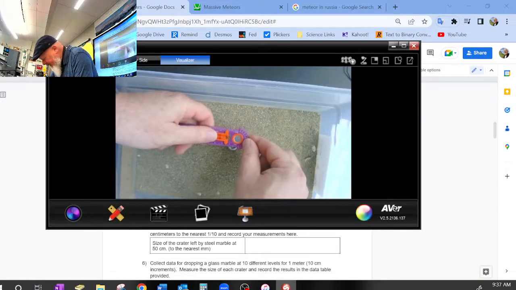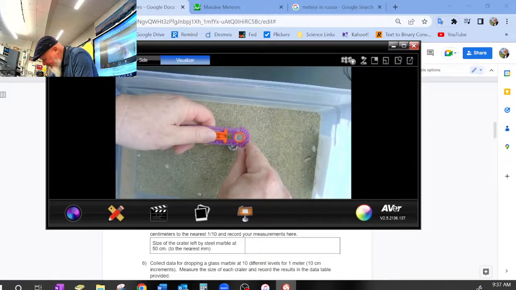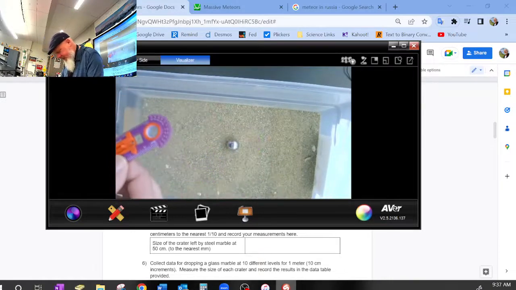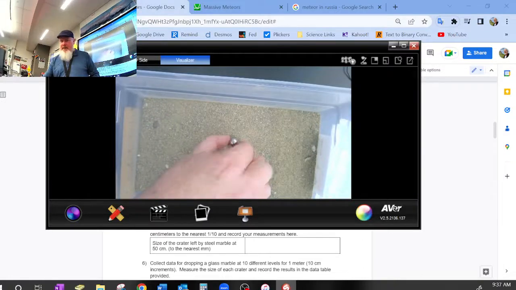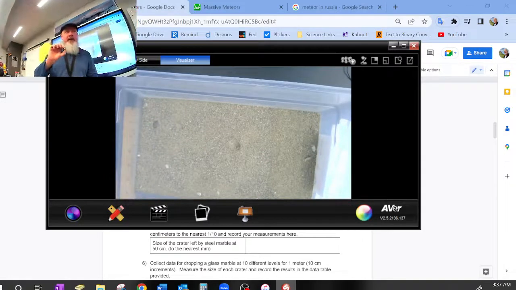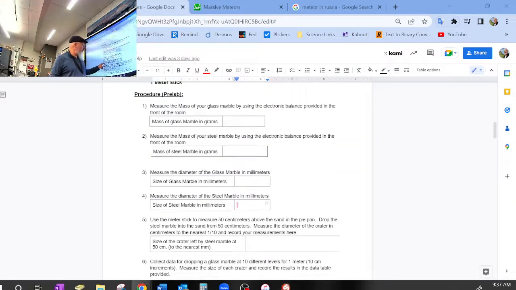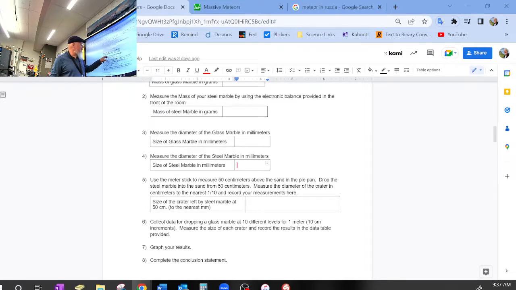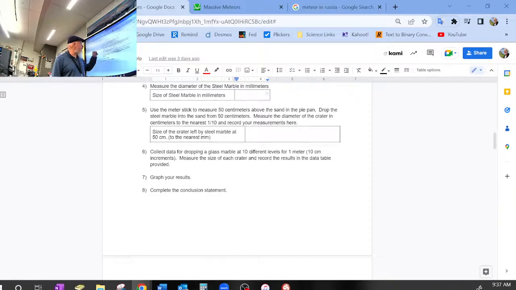And I'm going to look straight down on this, and I'm going to measure from this point right here where it starts to the other side. Once again, I'm not wearing my glasses, so I'm not 100% sure, but it looks like I'm reading about 2.0. So the diameter of this steel ball is about 2.0 centimeters, and that's what I would record for the size of the steel marble. I did the same thing for the glass marble, so we know that they're pretty close to the same size.